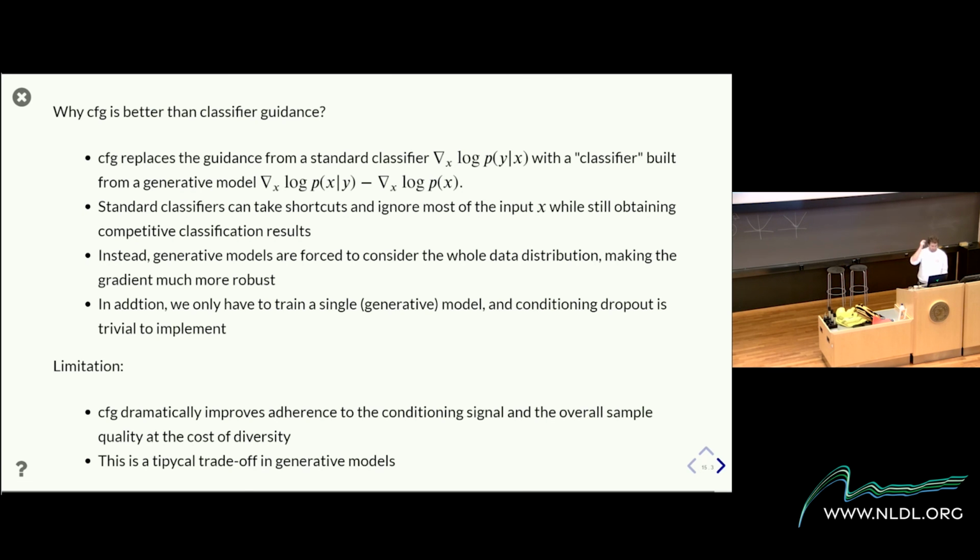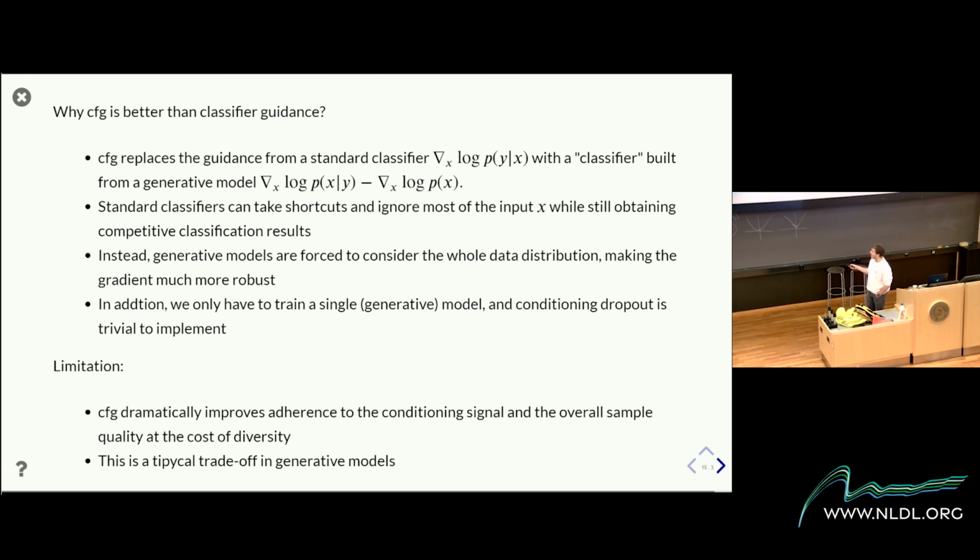But as we were commenting before, there are some limitations. One limitation is that classifier-free guidance improves a lot the adherence of the conditioning signal to the image that we want to obtain, but at the cost of the diversity between images.